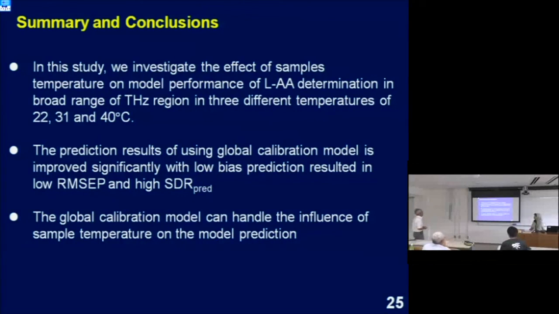The first one, "in this study we investigate effects" is not necessary. All you need to say is model performance of LA determination at 22, 31 and 40 degrees C. The rest, broad range terahertz region, is unnecessary detail at this stage.